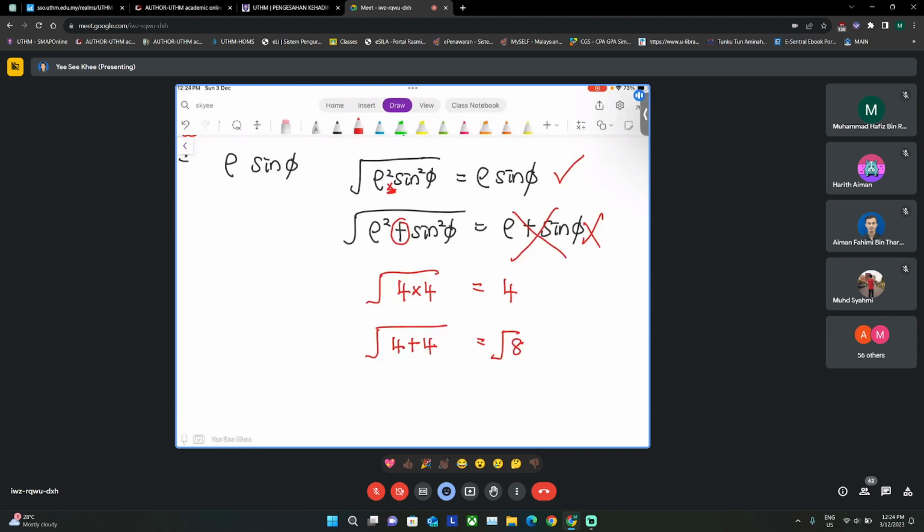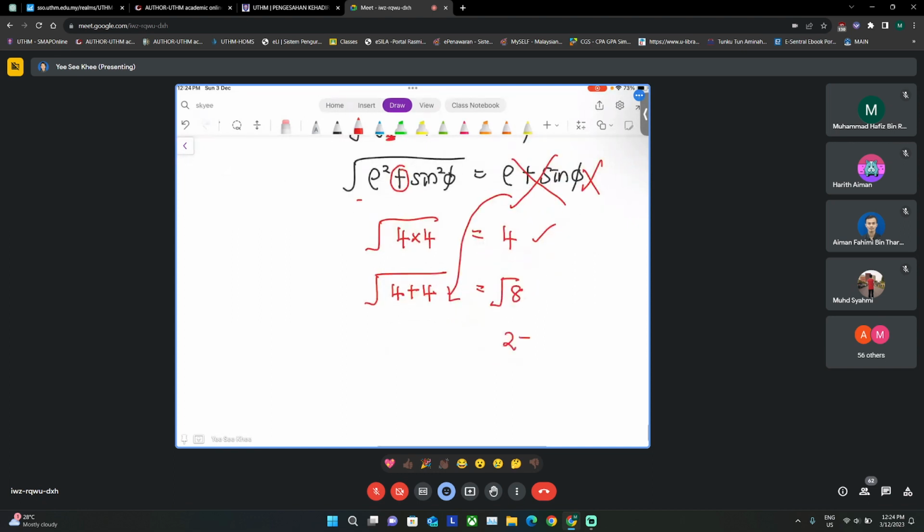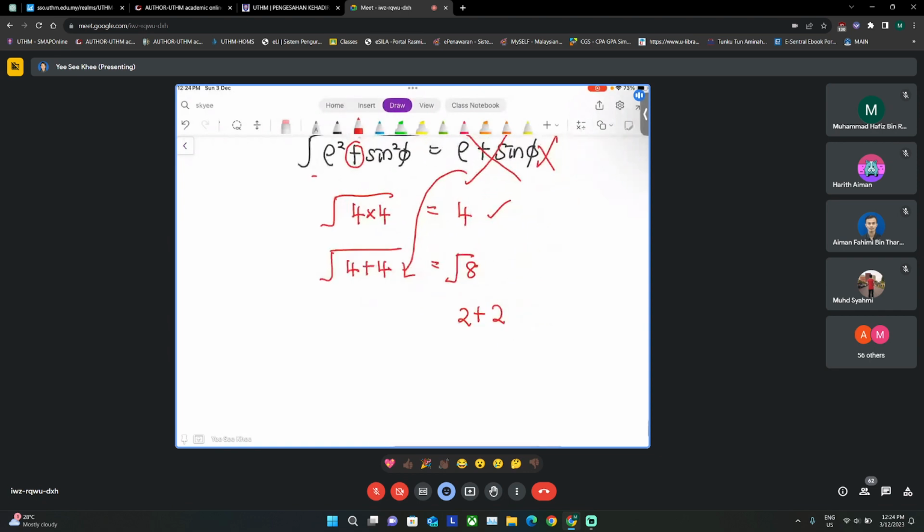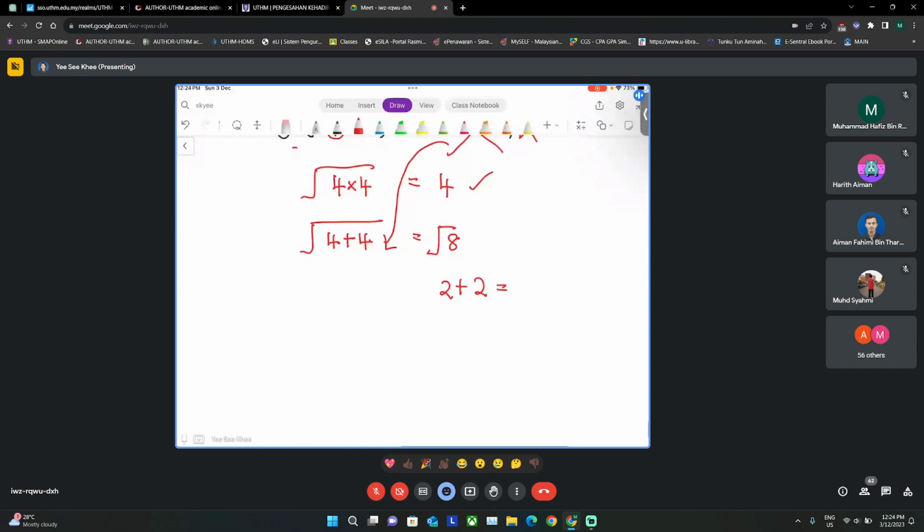Okay? So meaning that this one you can just remove the square and square root, but this one you cannot. If you use the concept, this thing over here, meaning that it will be 2 plus 2. Yeah, because you remove the square, right? 2 plus 2 equals to 4. Which is not the same as square root 8.